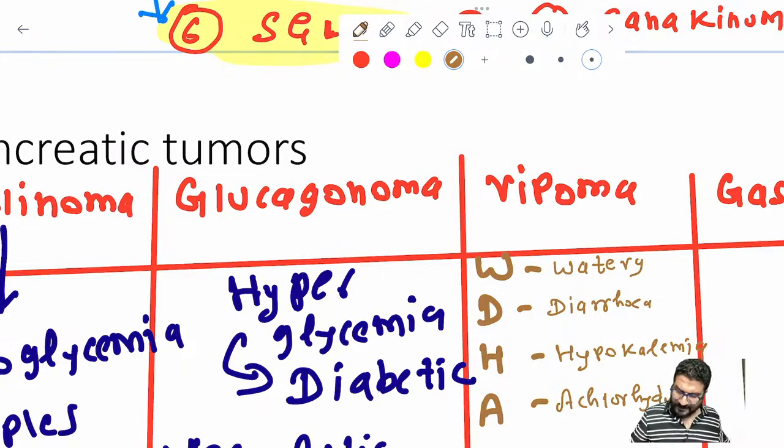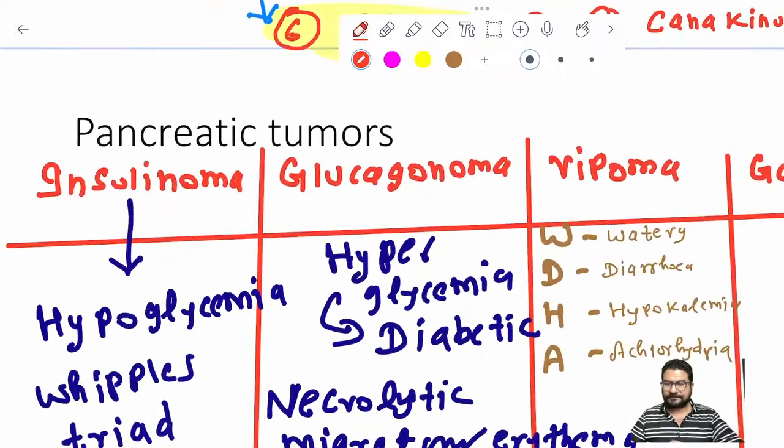And gastrinoma is where the patient will have multiple refractory peptic ulcers.